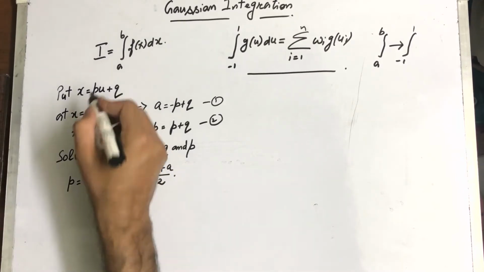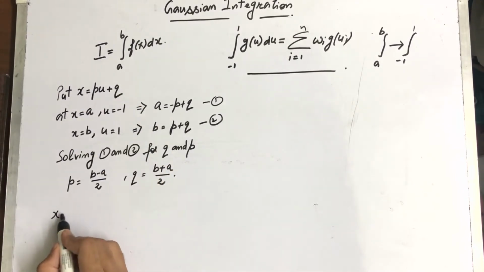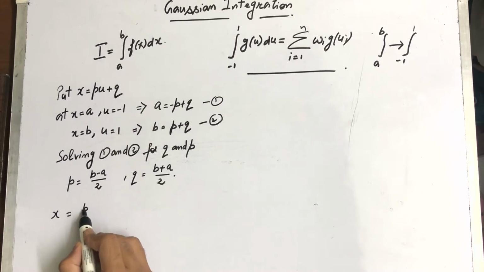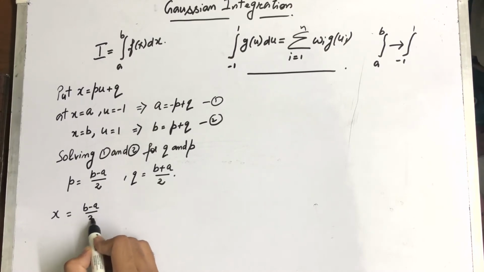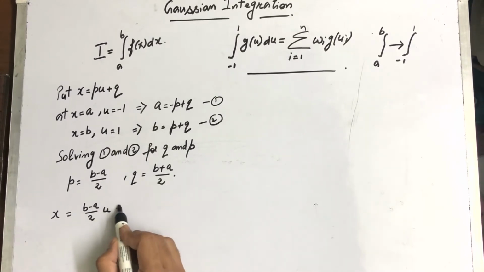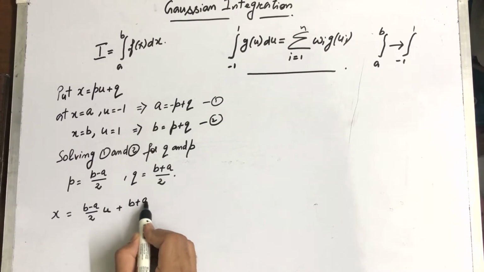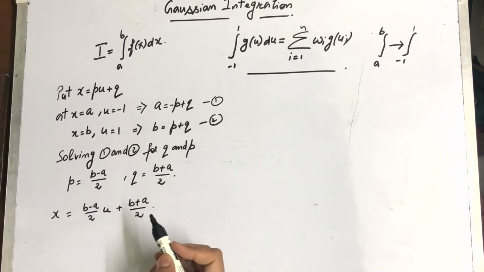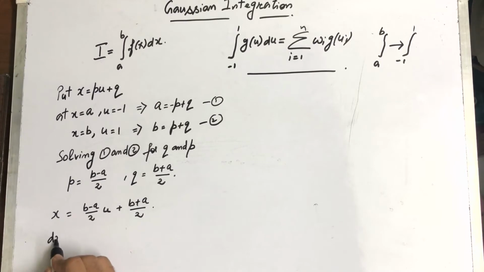And putting these values here, the transformation will be x is equal to (b minus a) upon 2 times u plus (b plus a) by 2. And then dx will look like (b minus a) upon 2 du.